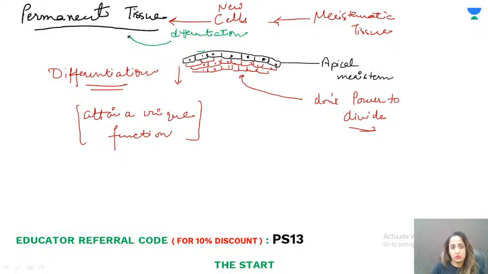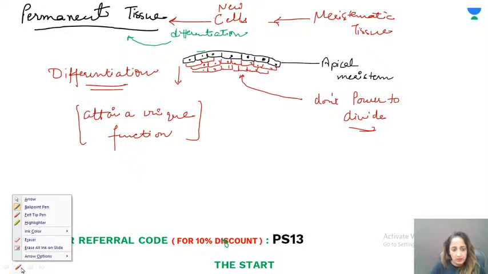And they form your permanent tissue. So this is what I will be talking about: what are the different types of permanent tissue? I'm talking about everything about plant tissue. We have not touched animal tissue yet.